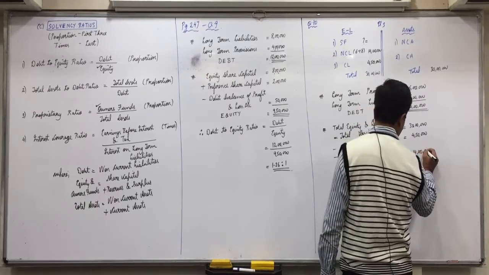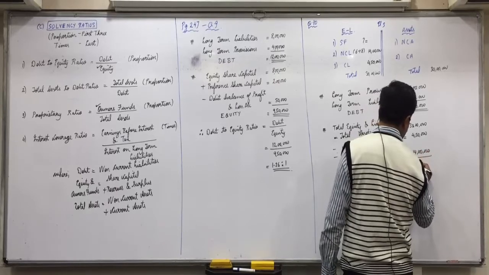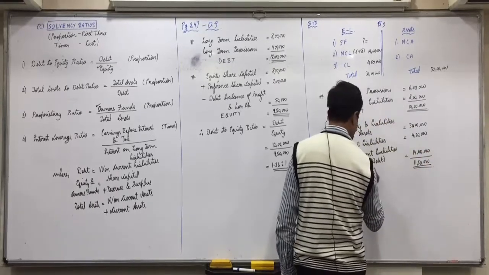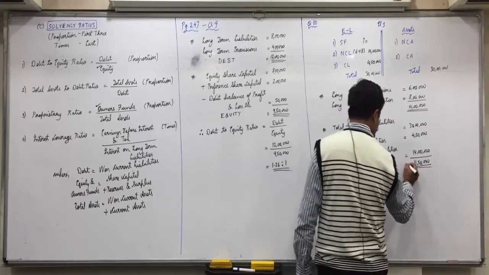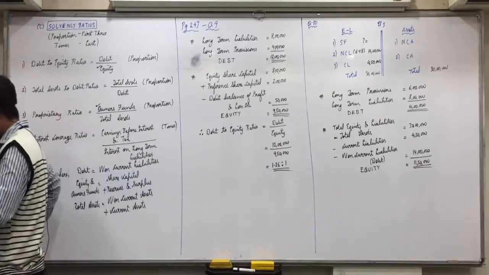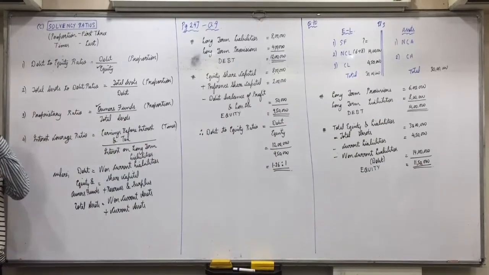So if you minus 18,50,000, then 11,50,000 is the amount of equity. Did you understand this, everyone?